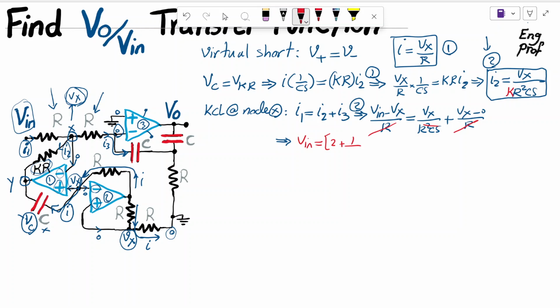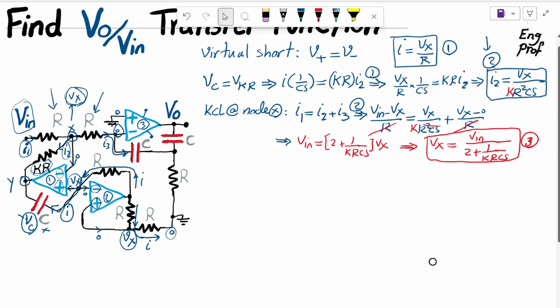So be careful about that, not to make that mistake. So K RCS times Vx, reshuffling things around, Vx is equal to basically Vn divided by 2 plus 1 over K RCS. So this is my equation number 3 that I'm going to keep and use later.